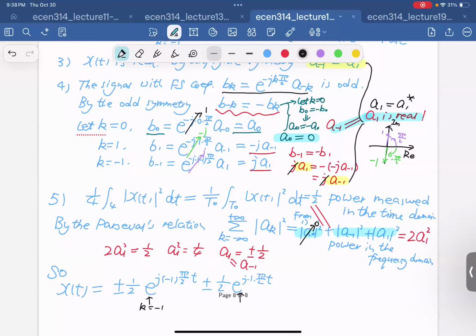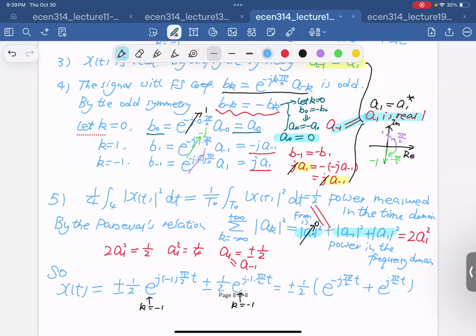Then we should merge the same plus minus 1/2. Then we end up having e to minus j half pi t plus e to j half pi t. And these two complex exponentials are complex conjugate of each other.